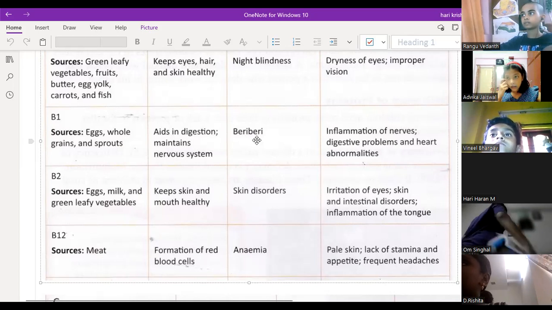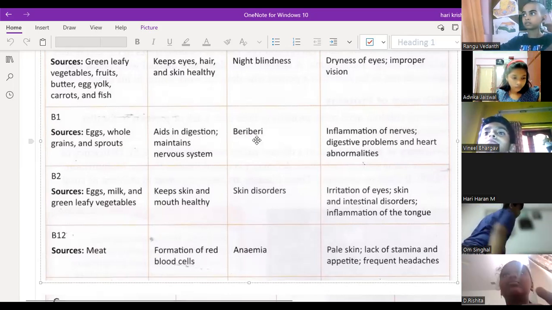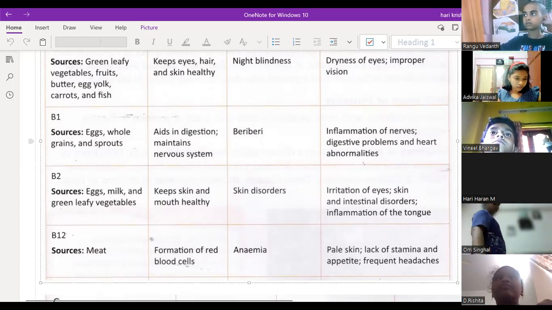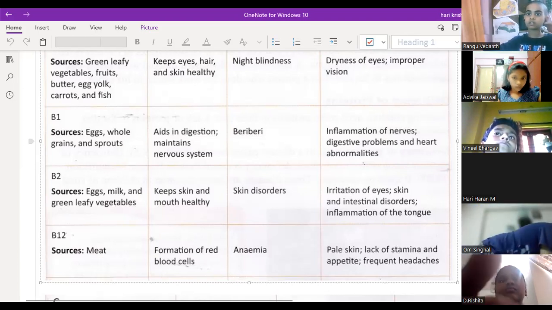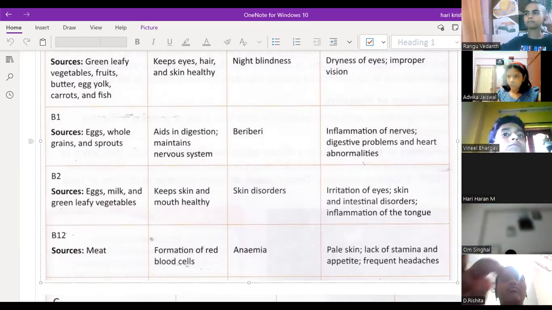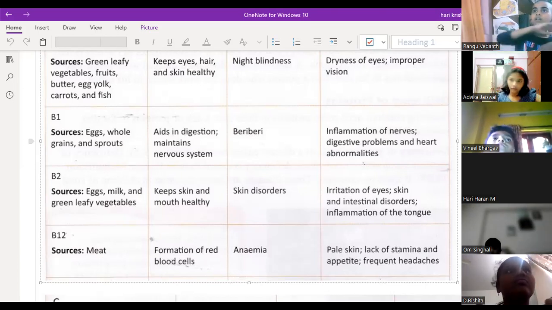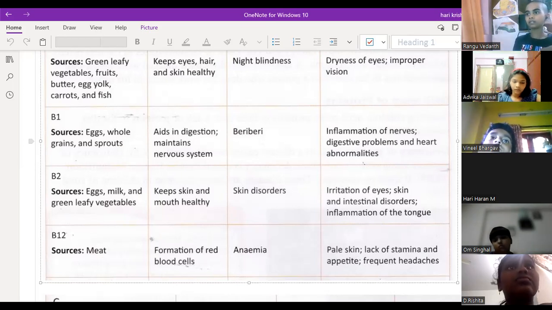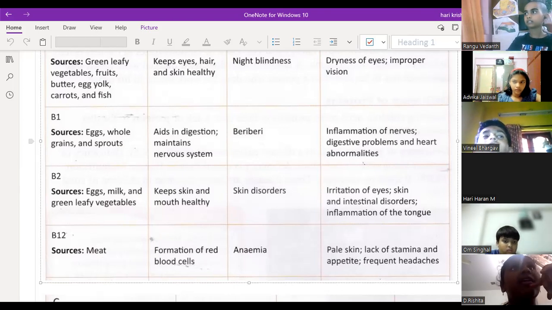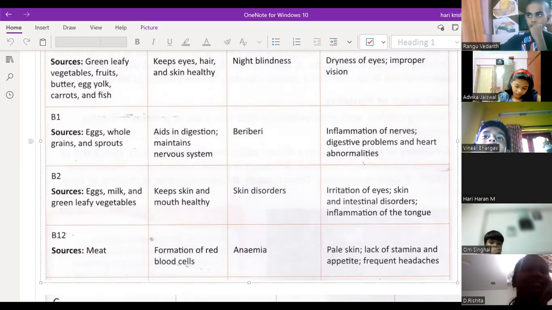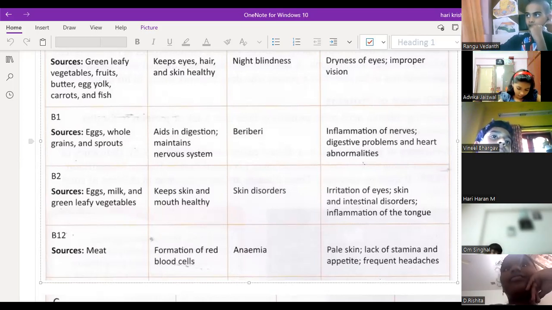So which are the water soluble vitamins? Sir, is it vitamin C? Vitamin B and C. Both vitamin B and C are the water soluble vitamins.